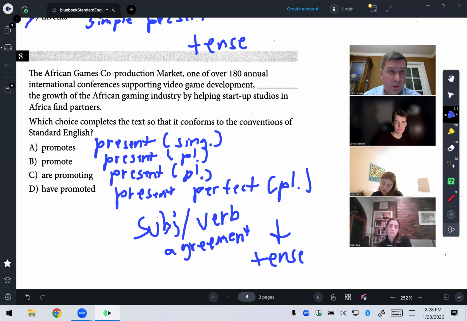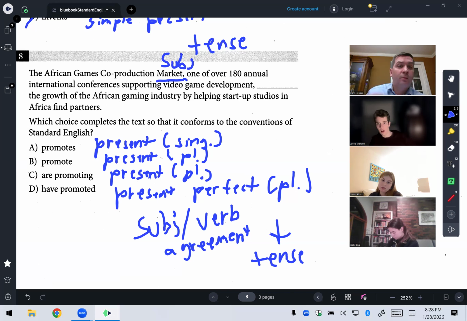All right, so here is the passage. The African Games co-production market, one of over 180 annual international conferences supporting video game development, blank the growth of the African gaming industry by helping startup studios in Africa find partners. Okay, so we just have to figure out, is the subject singular or plural? Because then we can eliminate a lot of answer choices. The subject is singular.